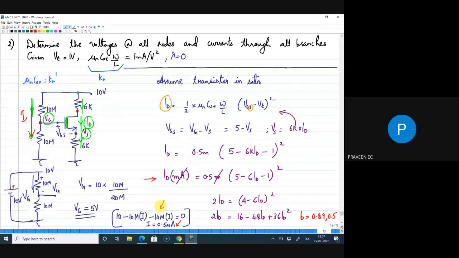Yeah, sir. Why have I taken it this way? Because there is no current flowing towards the gate. Since there is only one current, I can consider that loop and find that current, and that current turns out to be 0.5 microamps.